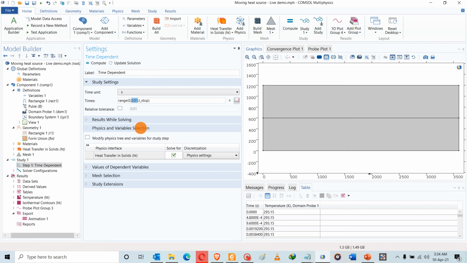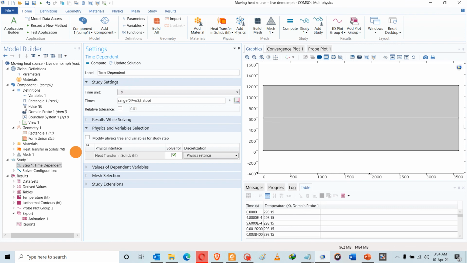So I'm going to change it to pulse width, divided by at least 2, so that we are accounting for the pulse width, because we don't want a time step that is greater than the pulse width.